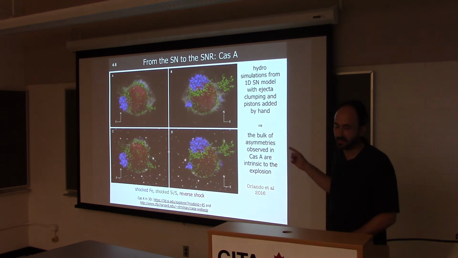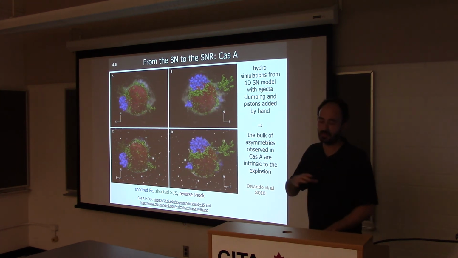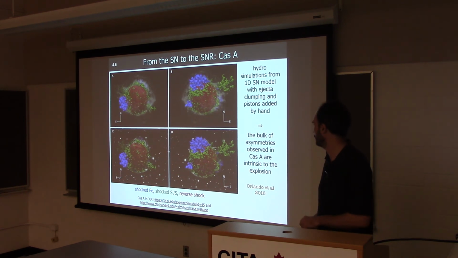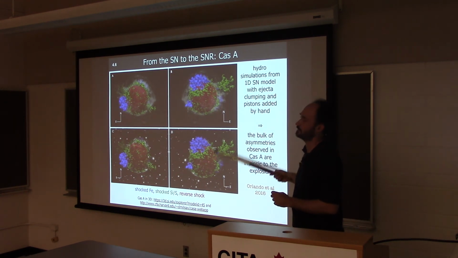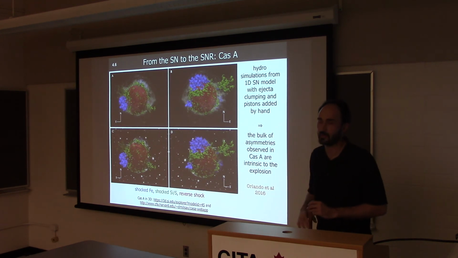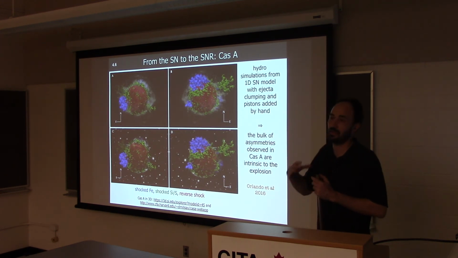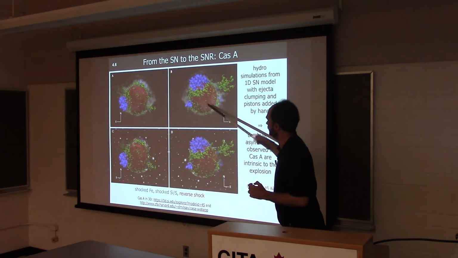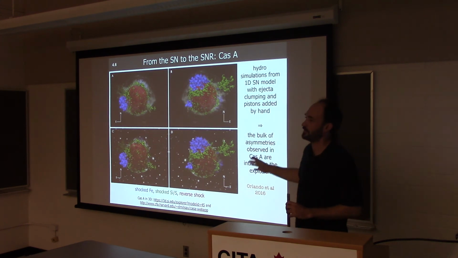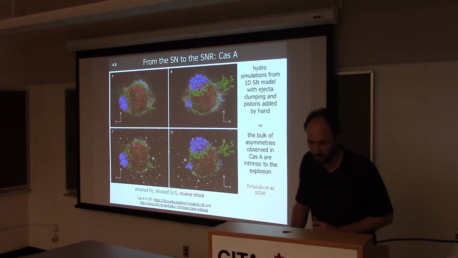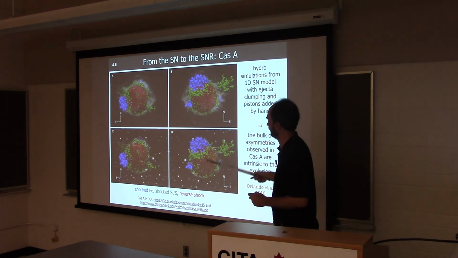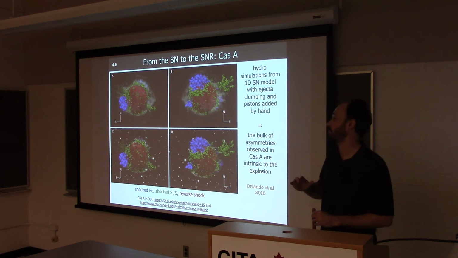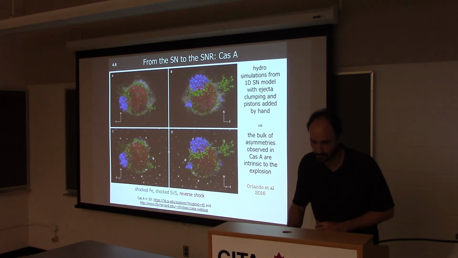What they did here, they actually simulated the supernova remnant evolution and the emission, but they started from a 1D model where they put asymmetries by hand. They added some clumpiness, they added some pistons until they could reproduce something that looks like CTA. So it shows that, again, the asymmetries can be from the explosion itself. But now we want to get something that covers it all.